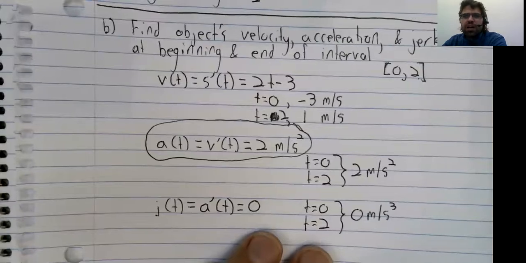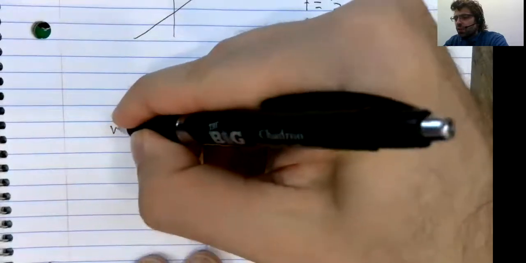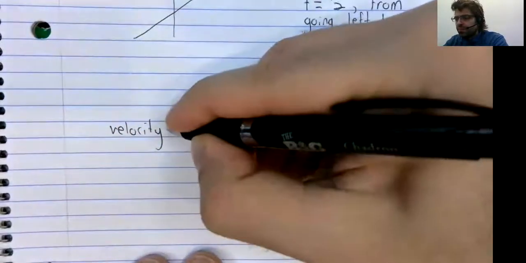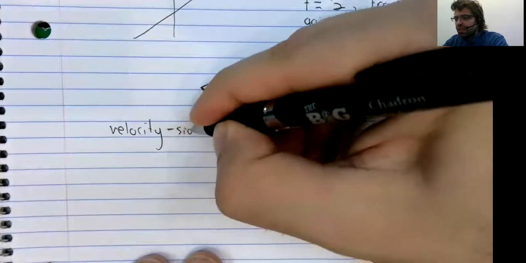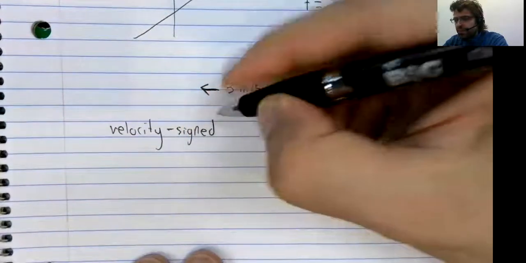And this can be unintuitive until you remember that your velocity is signed.